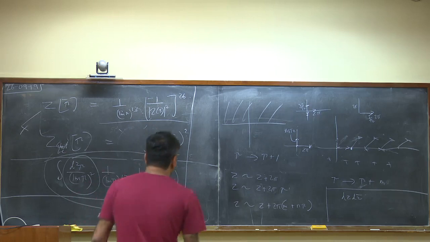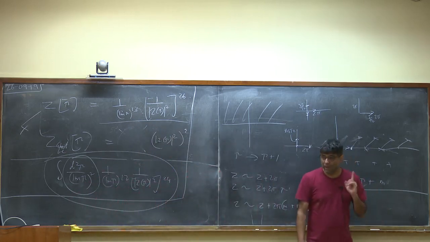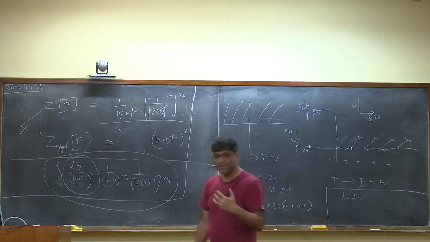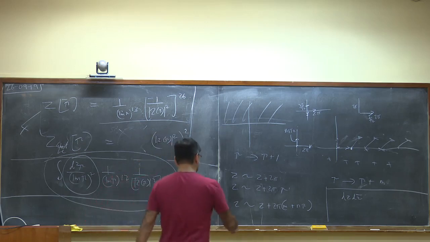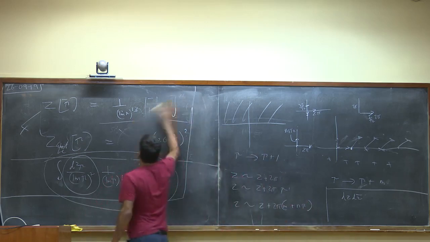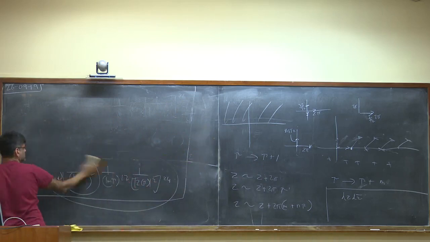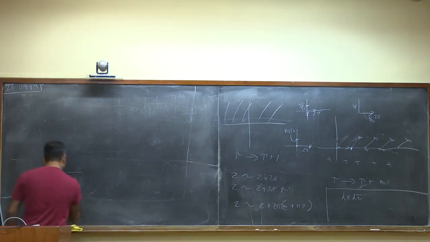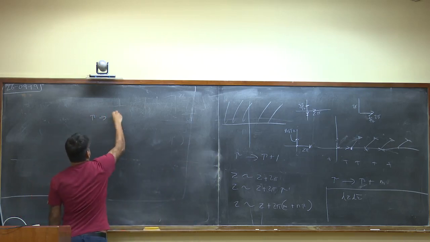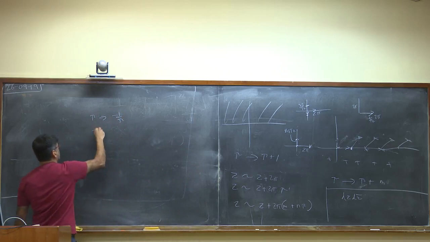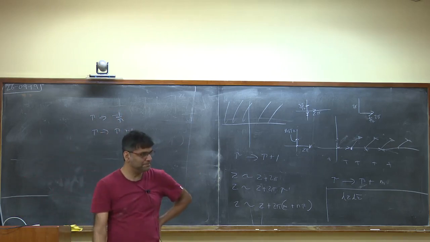Okay, so our tau here is not to be thought of as a vector. It is to be thought of as a vector modulo these transformations. Any two taus that are related by either tau goes to minus 1 by tau or tau goes to tau plus 1 are to be regarded as the same torus.